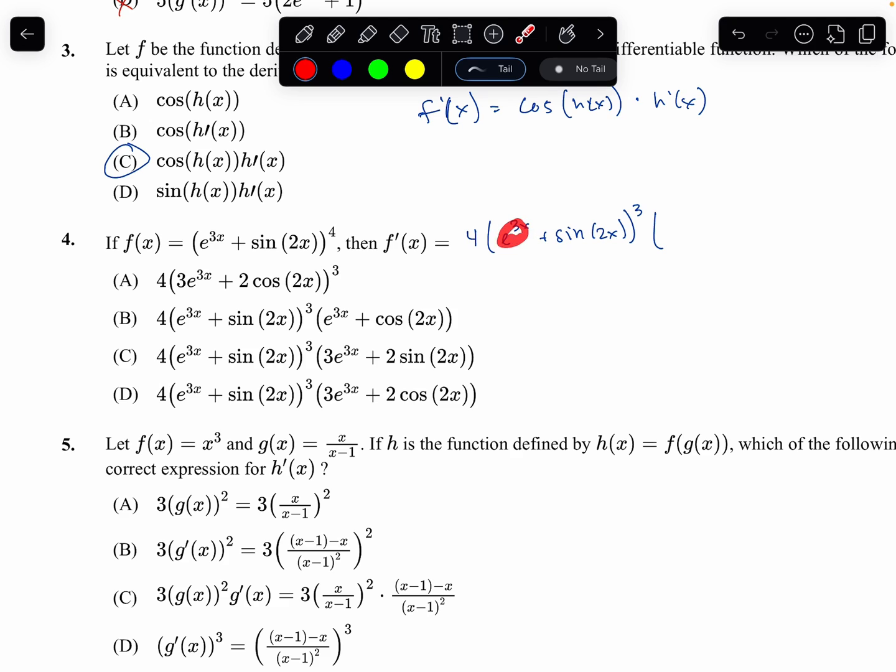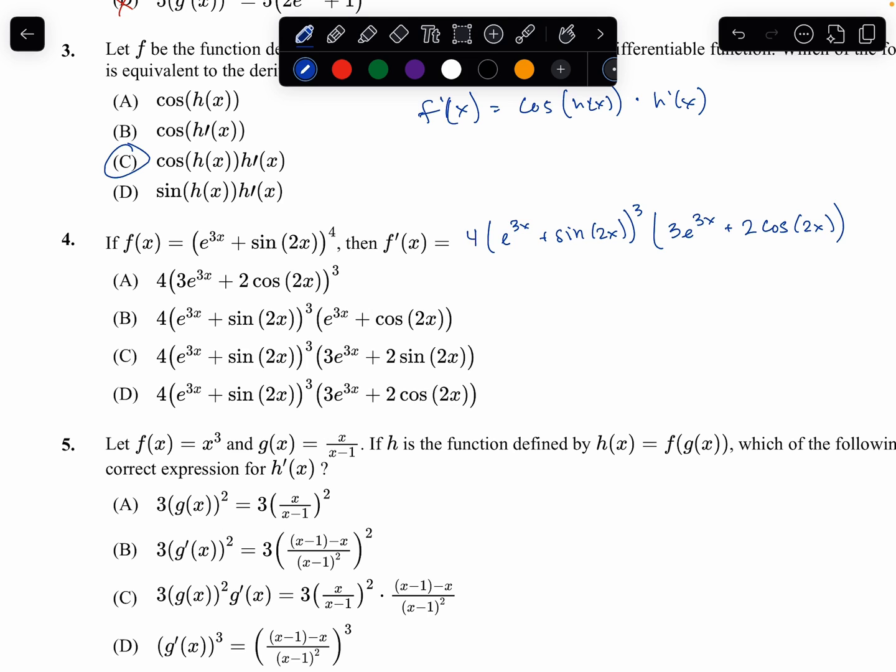So we'll take the derivative of e to the 3x. Keep in mind that the derivative of the inside is 3. So I'm just going to say 3 times e to the 3x. And then the derivative of sine of 2x. The derivative of the inside is 2, so I'll have to multiply by 2. But that's 2 cosine of 2x.